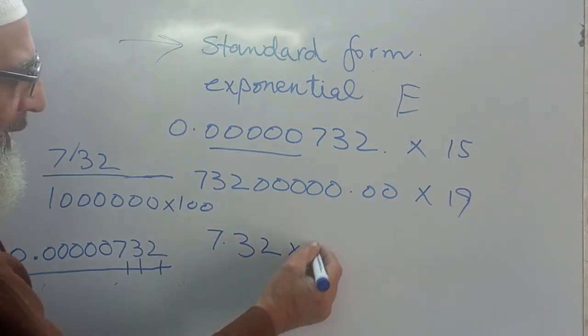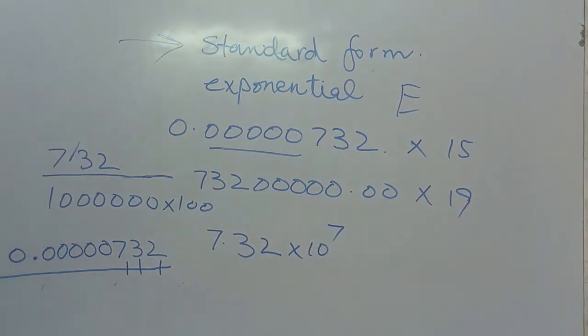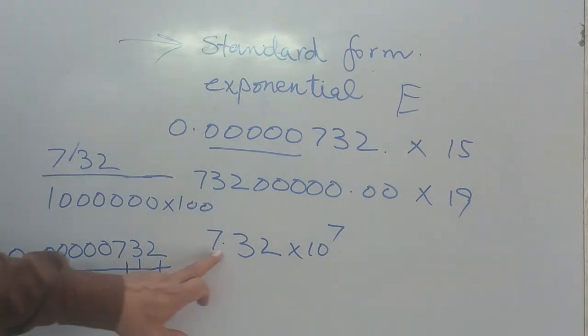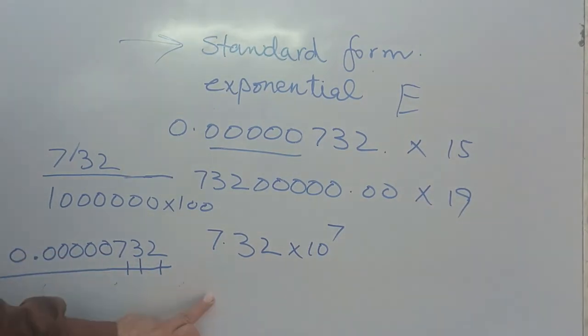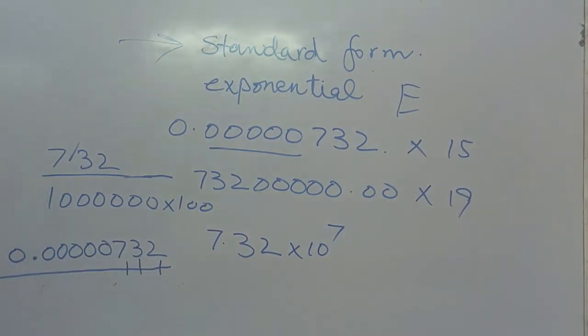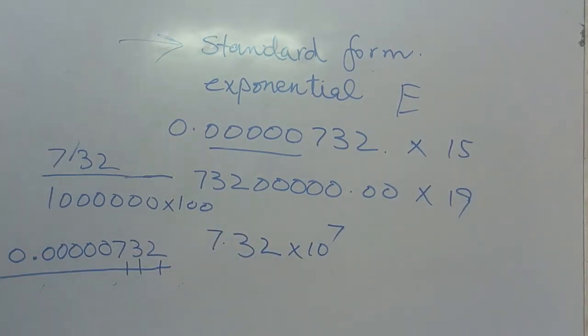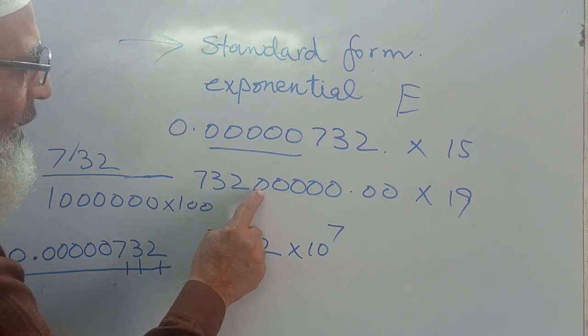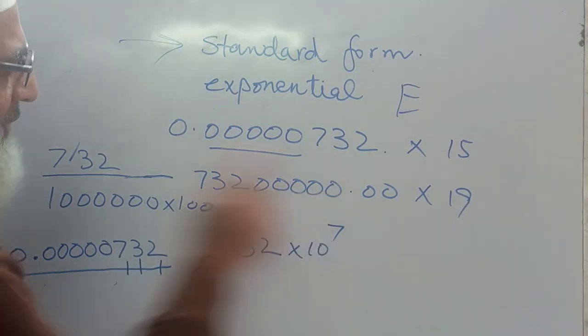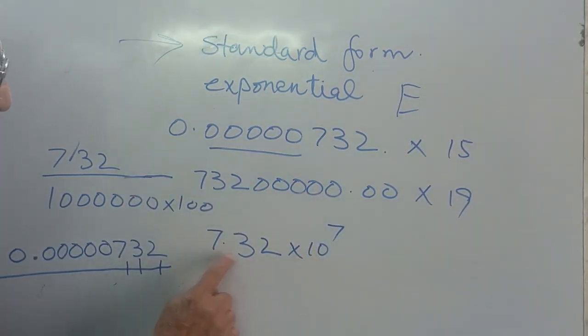Now write 10 raised to power 7. Since we have taken all these digits in this point form, it will become 7.32 into 10 raised to power 7.